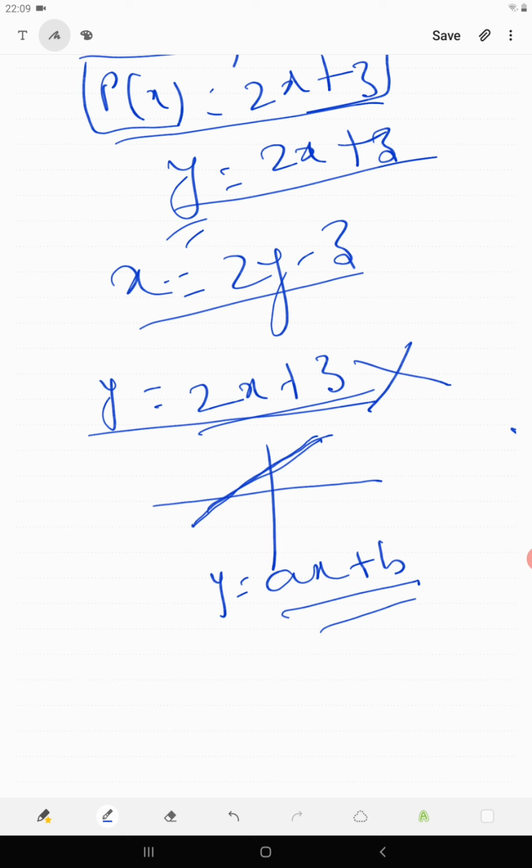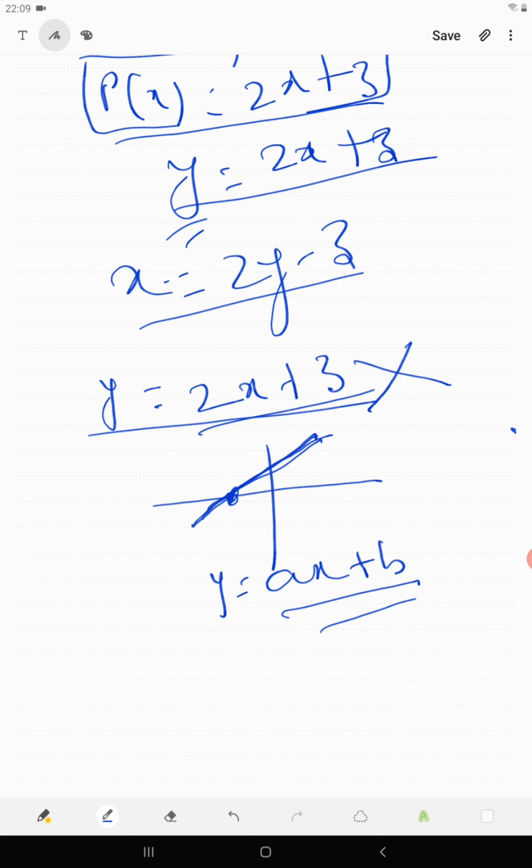Then check at how many points the given graph touches the x-axis.